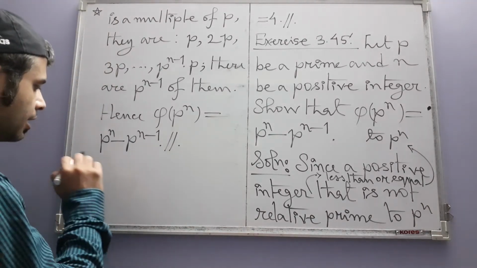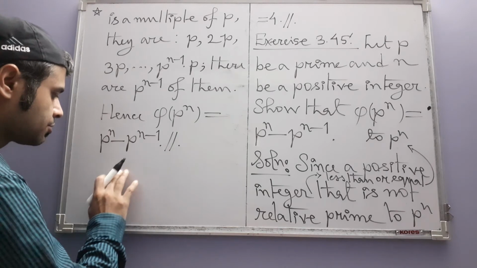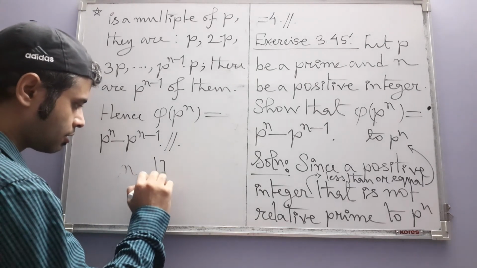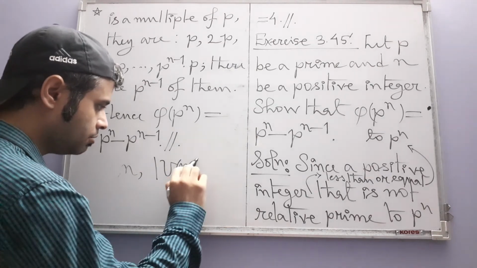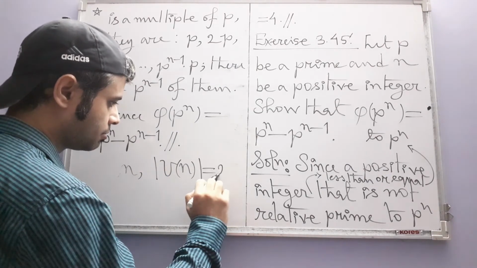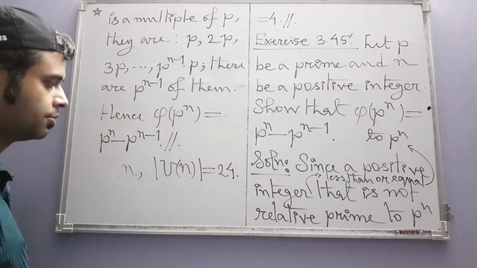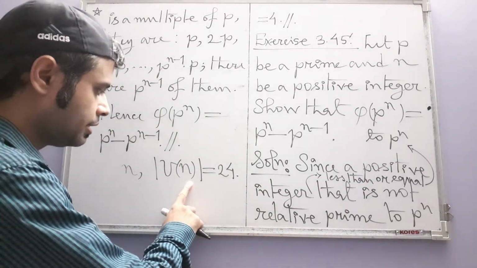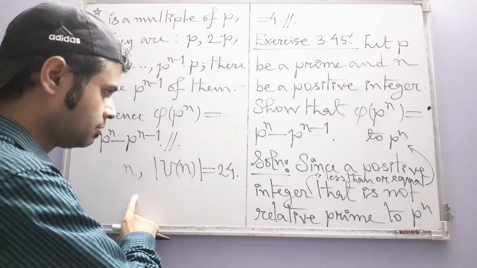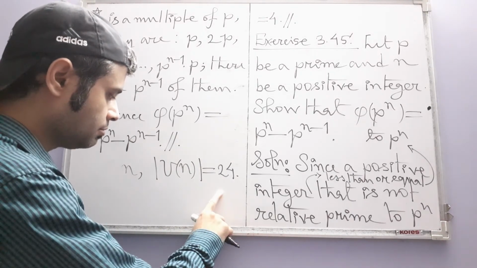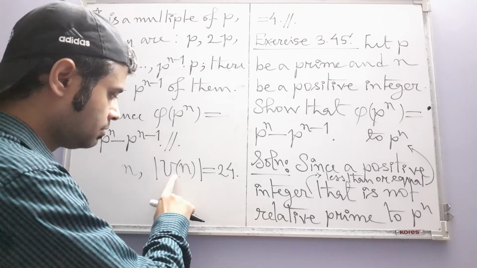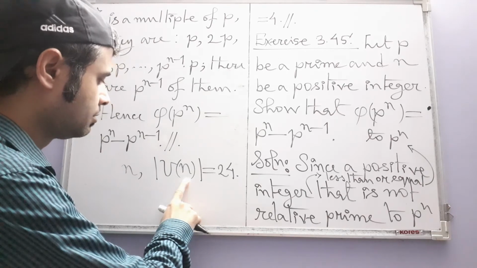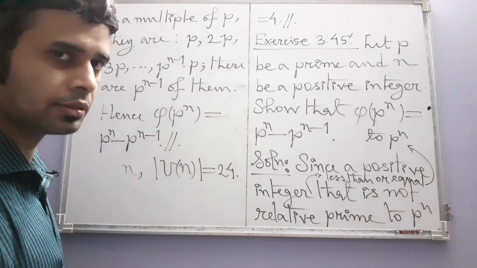The next one asks us to find those positive integers n for which the order of this group U_n is 24. U_n, recall, is the group of all integers which are less than n and relatively prime to n under multiplication modulo n.